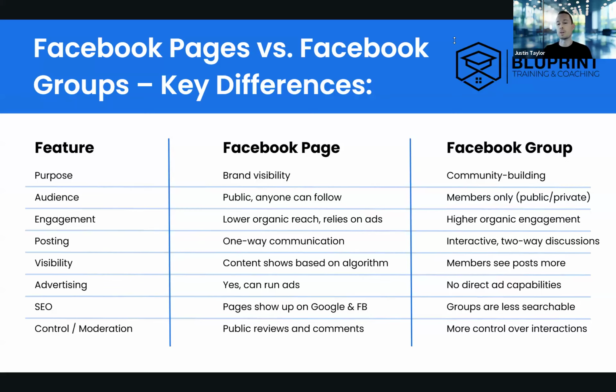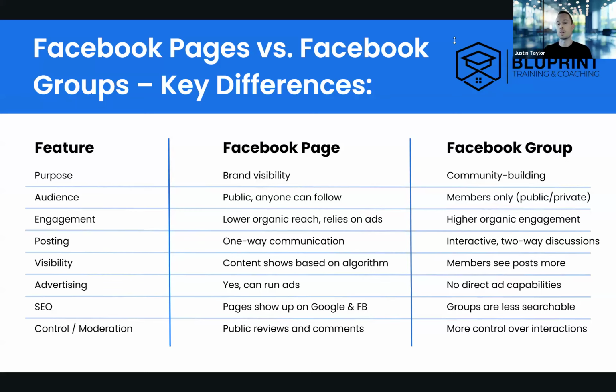So I would run ads, say again, going back to San Diego, to run them in San Diego to then grow my brand awareness and reach. And I want folks that are in San Diego to like that page, right? Because that's who I want to work with. And then, of course, the engagement in your group is going to be much higher. It's going to be organic. You don't have to pay for ads because that is how the algorithms for groups were built.